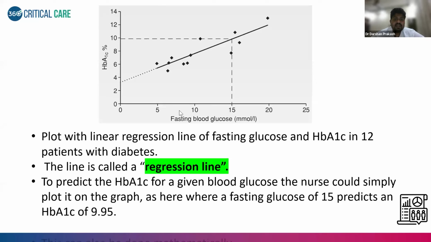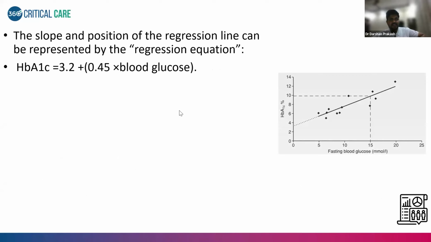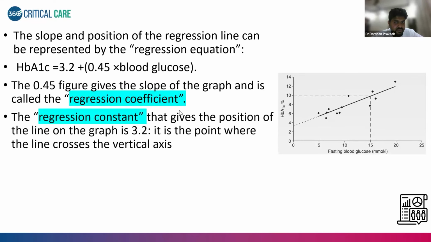This can also be done mathematically. If you get the value for one, multiple other things can be calculated. So how do we do that? Usually the slope helps us get the actual value. This gives us a slope of around 0.45, and 3.2 is the regression constant.